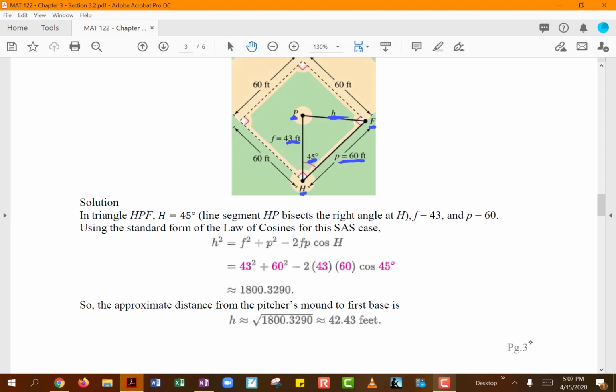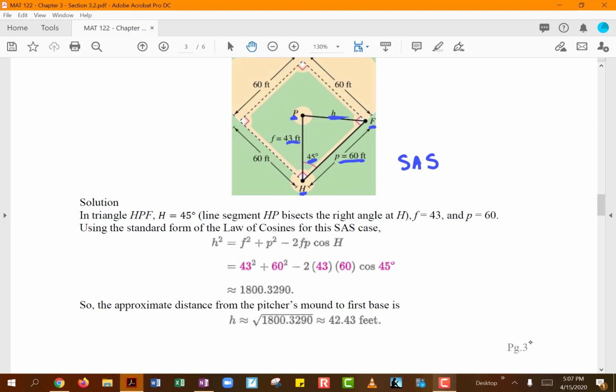Your length of distance F is 43 feet and the length of distance P is 60 feet. So basically we are given two sides and the angle included, right?